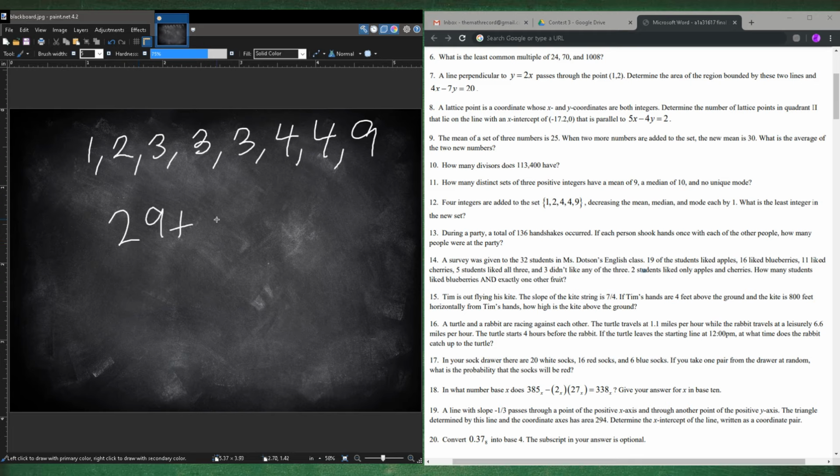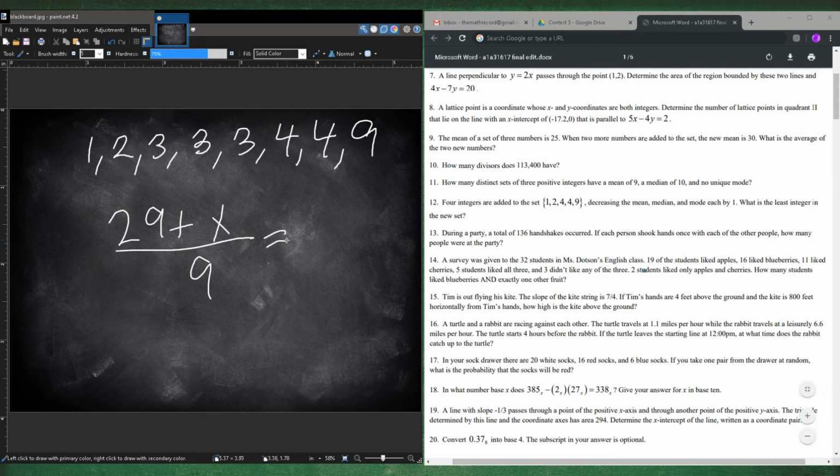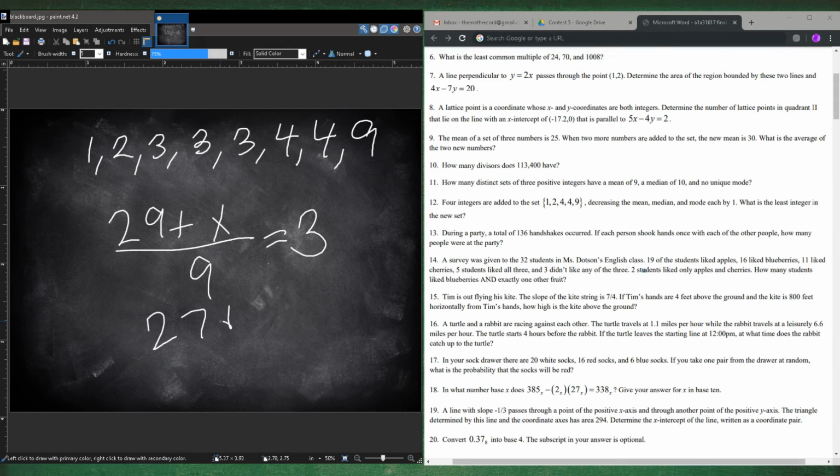So 29 plus the last number, let's call it x, divided by 9, equals the new mean. The original mean was 4, so the new mean has to equal 3. So that's 27. So x has to equal negative 2.